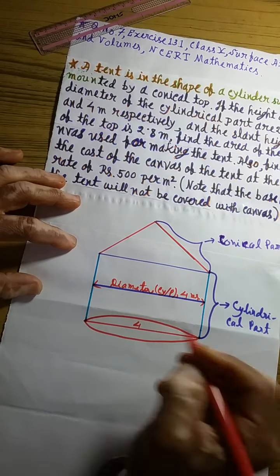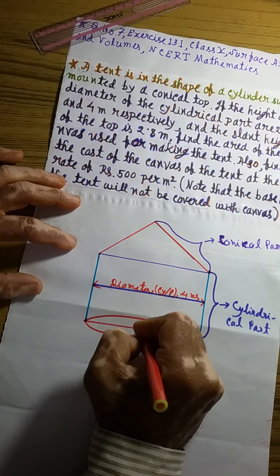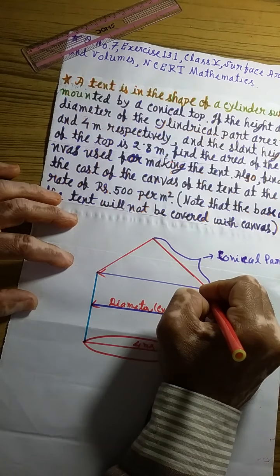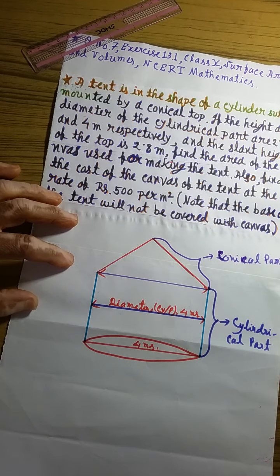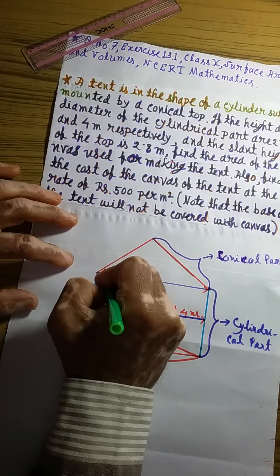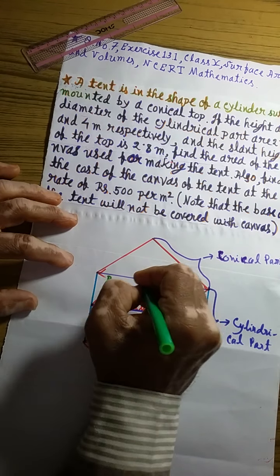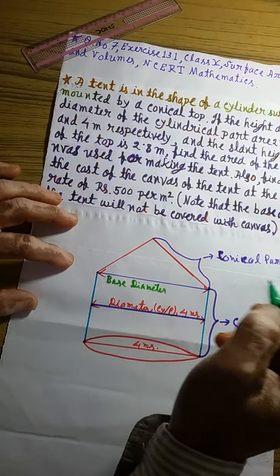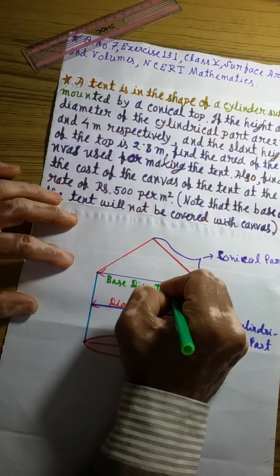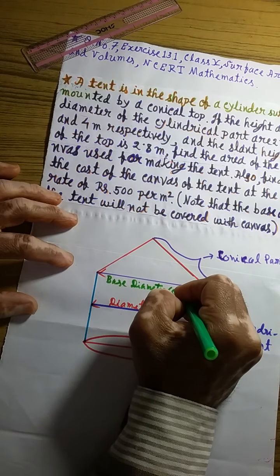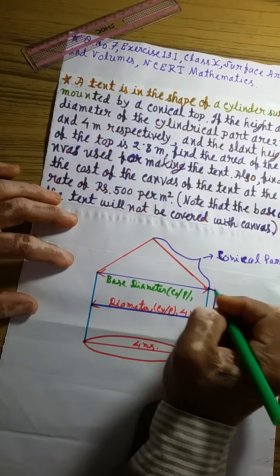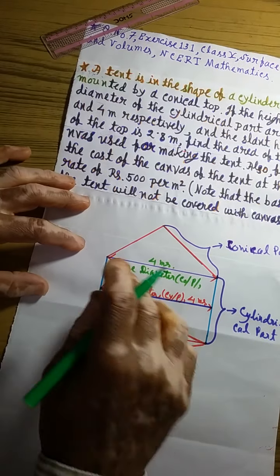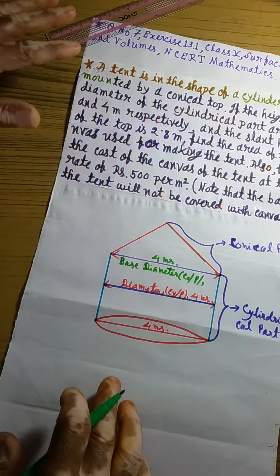The measure of this line will also be 4 meters, and this is the base diameter of the conical part, which is equal to 4 meters.